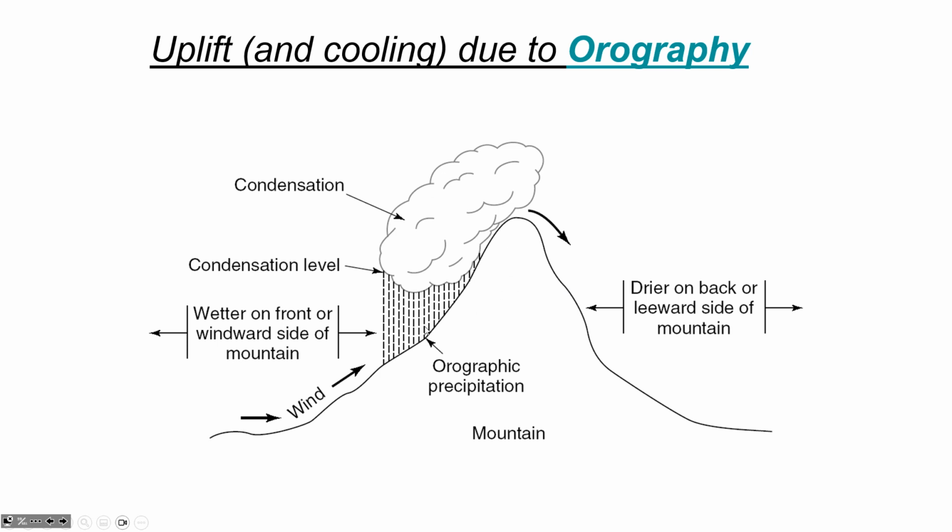You have a big reduction in the moisture content because you've exhausted all the precipitation on the windward side, and then on the leeward side, not only isn't there as much moisture, but then the air is warming up again and getting further and further away from fully saturated. So the leeward sides of mountains are much drier than the windward side. So that's orography.